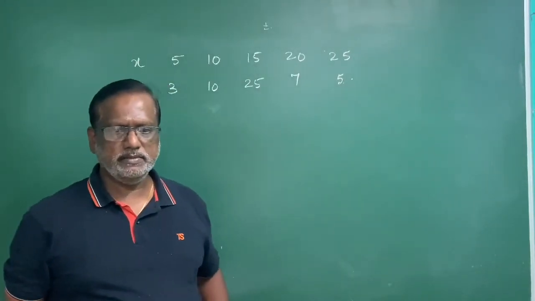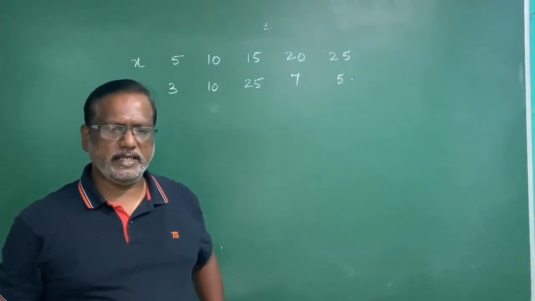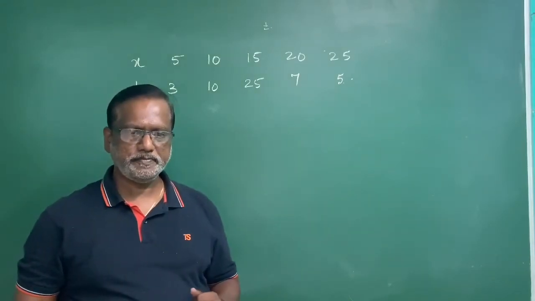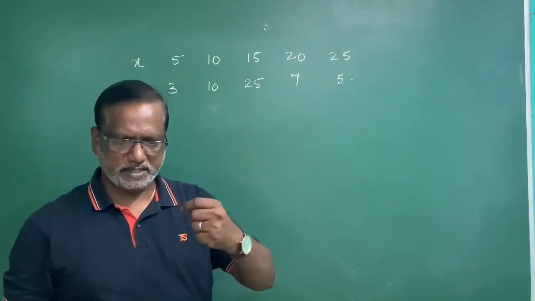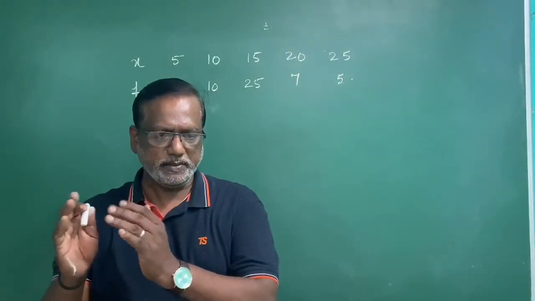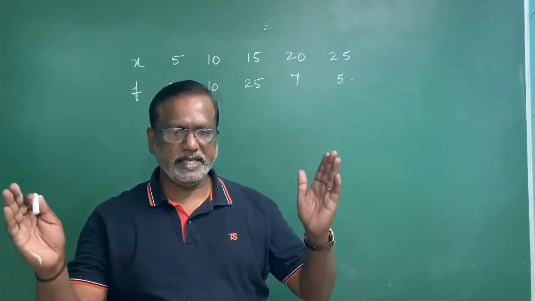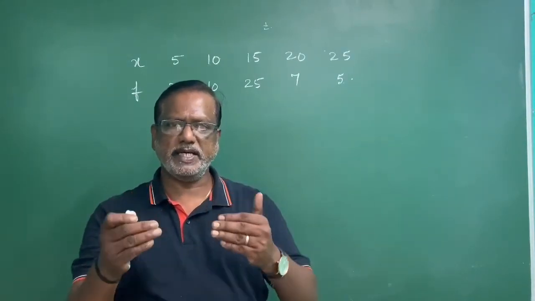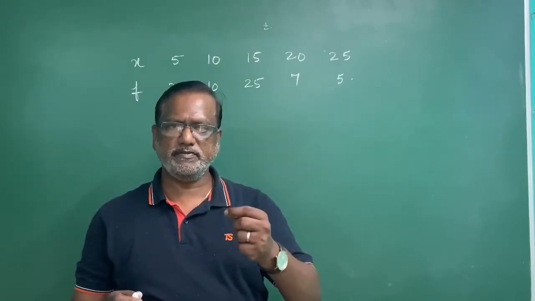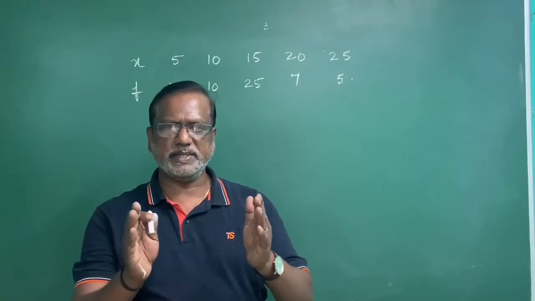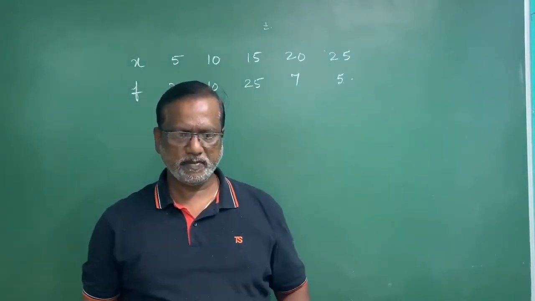My dear children, I want you to understand the meaning of the given data. In the previous sum, the individual values had been given. We added those values and divided by the number of elements to get the arithmetic mean, or simply we call it the mean.